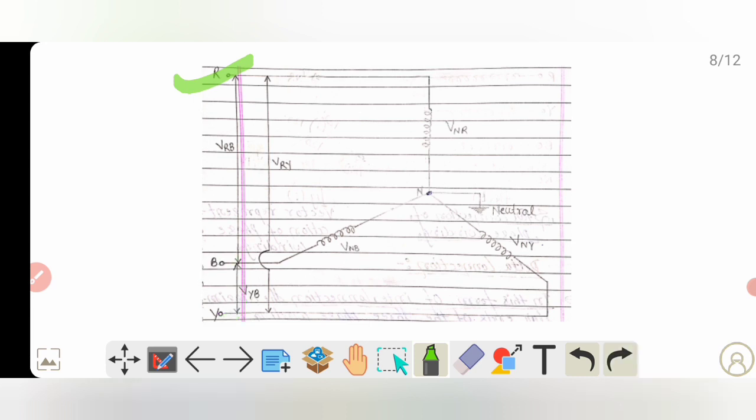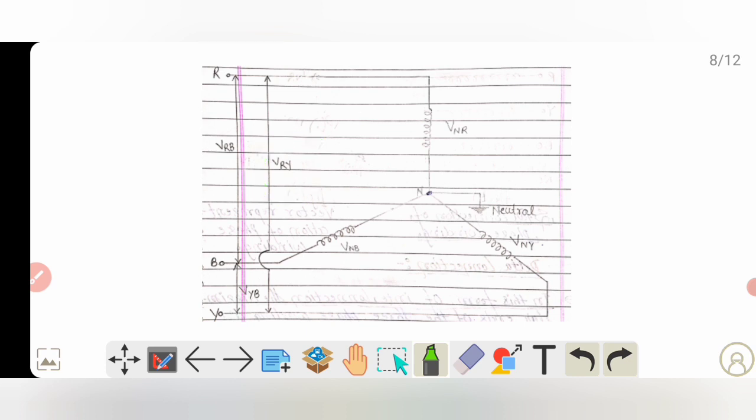If we want to find the voltage between the R phase and B phase, it is denoted by VRB. Similarly, the voltage between phase B and phase Y is denoted by VYB. And similarly, the voltage between the red phase and yellow phase is denoted by VRY.